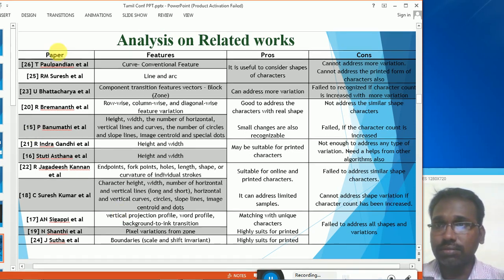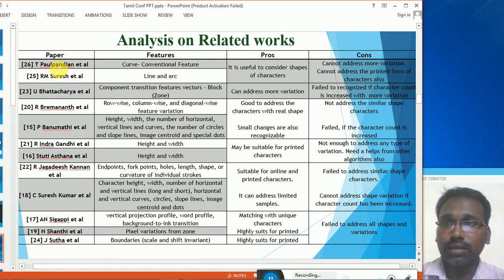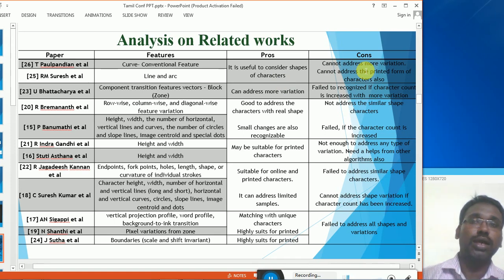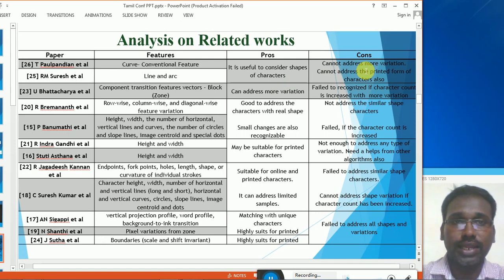Mr. Paul Pandian and his team used curve and conventional features, and Dr. R.M. Suresh took line and arc as features. It is useful for considering the shapes of characters, but it cannot address more variation, because curves alone, or lines or arcs alone, will not help to recognize the entire character.